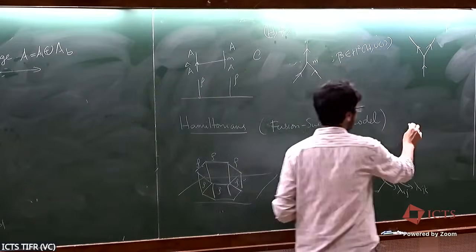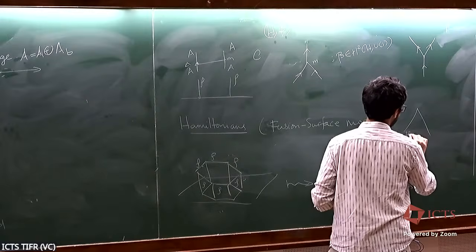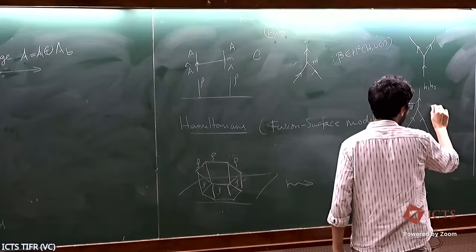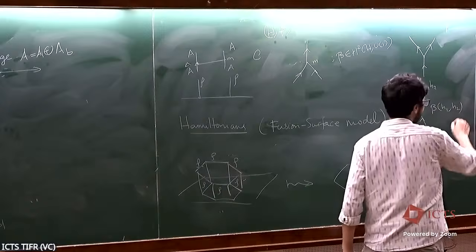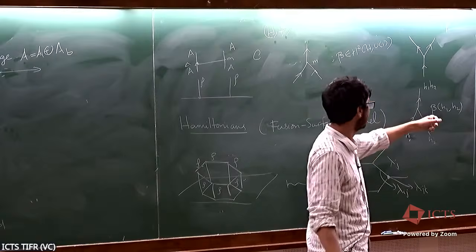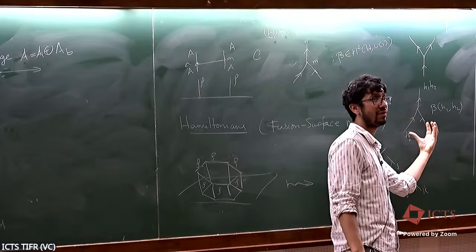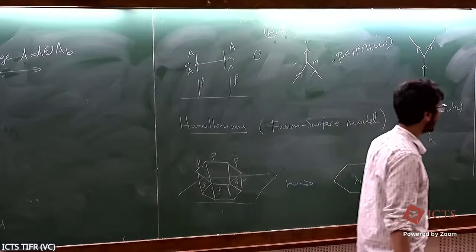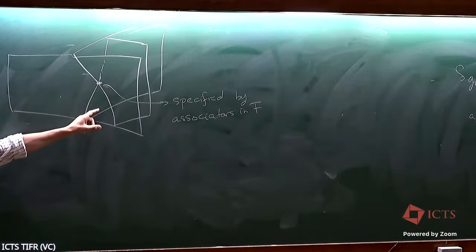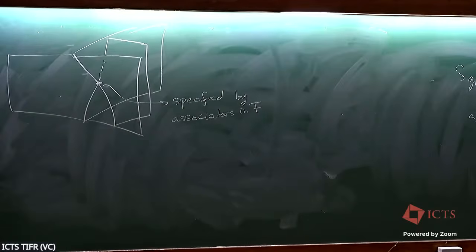Concretely, whenever you see h1, h2 going to h1 h2, you act with the phase beta of h1, h2. And you engineer a Hamiltonian that produces this phase whenever you see this kind of a fusion. Now, the analogous thing is that instead of these one-morphisms, you have two-morphisms. And these two-morphisms are given by the associator in this fusion category A. So you just use this associator to see how such a structure would act on a state, and then engineer the Hamiltonian that does that.